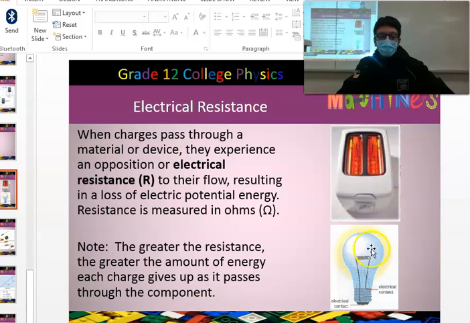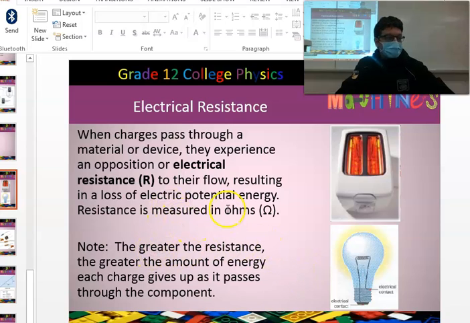These will glow white hot, which is why if you've had an incandescent light bulb on for a long time, you don't want to go and touch it. And this is also why they're extremely inefficient. Most of that energy you're putting into it is being converted to thermal energy, not radiant energy. But that's another example of electrical resistance.